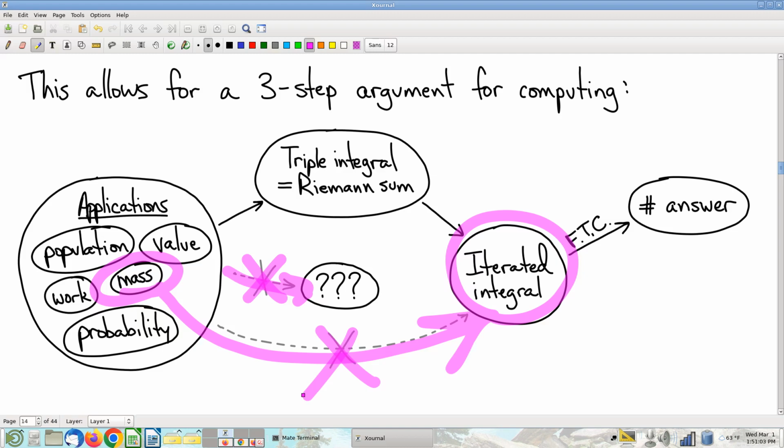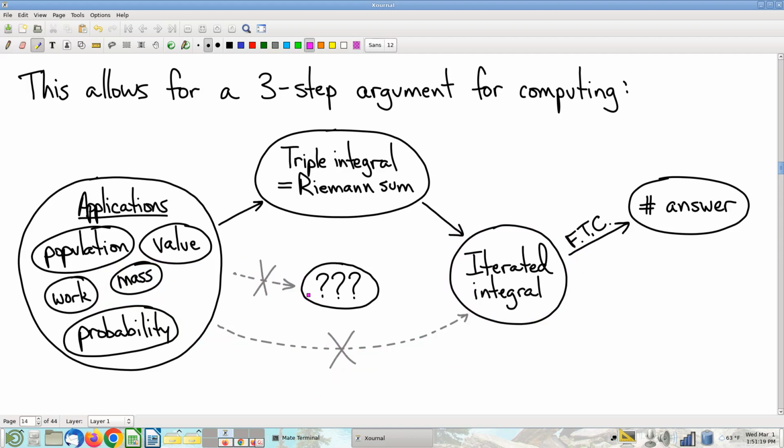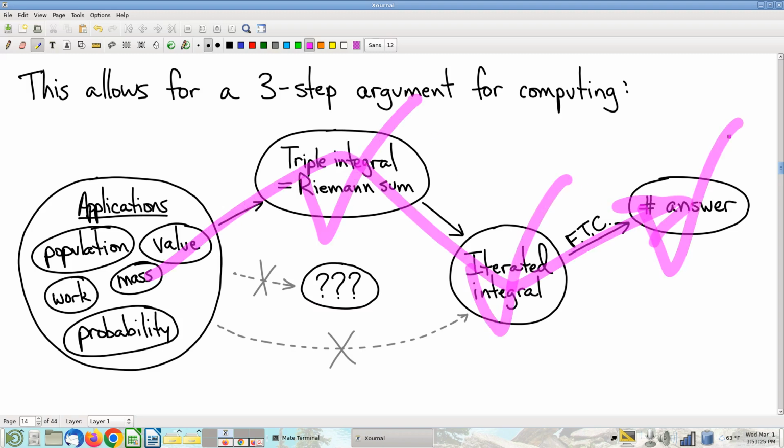You can probably come up with some sense for what that ought to mean, but the point is it's not a pre-existing concept. It's just not feasible to make such arguments every single time you want to compute something. So always this path, and always you're going to give me all three steps.